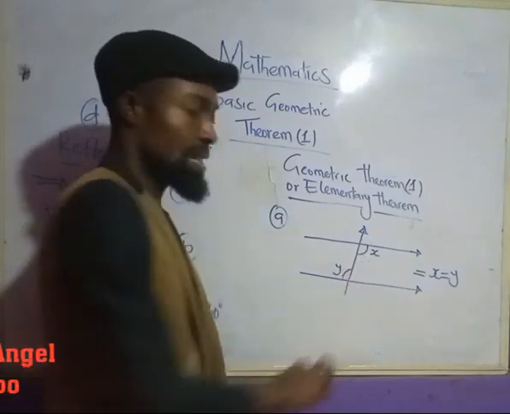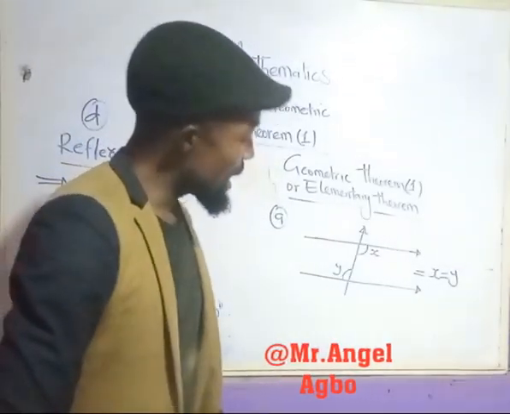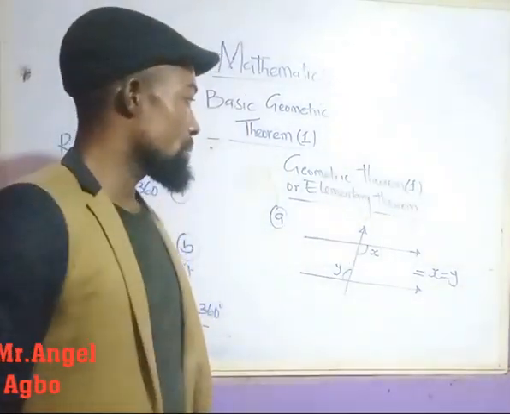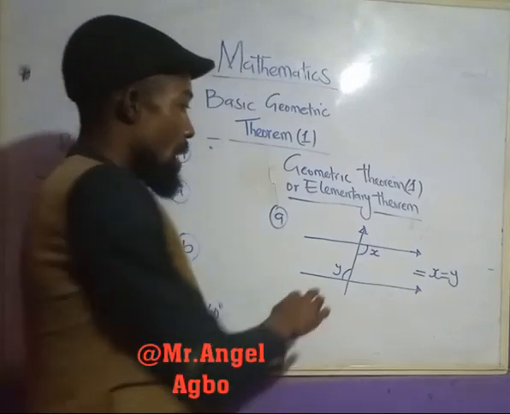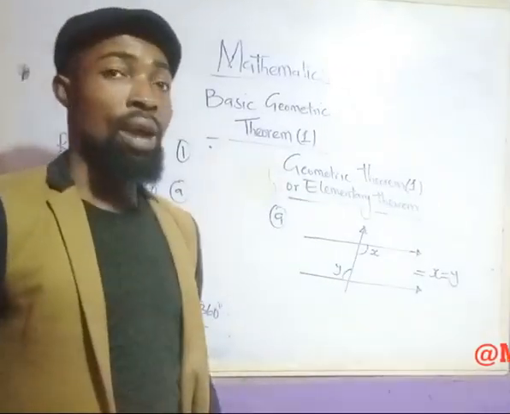If X is equal to, let's say, 70 degrees, we can also say that Y here is equal to 70 degrees because they are equal.